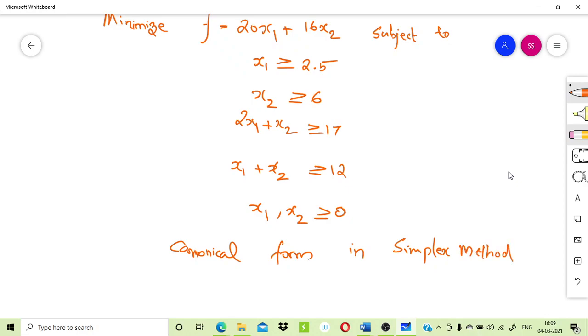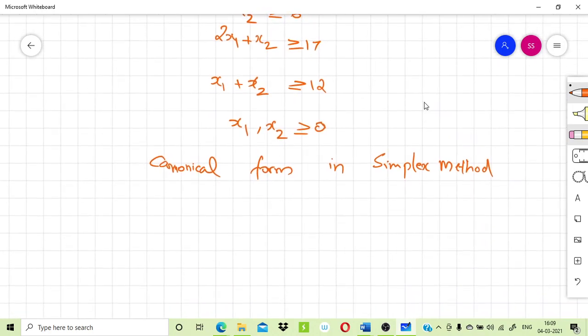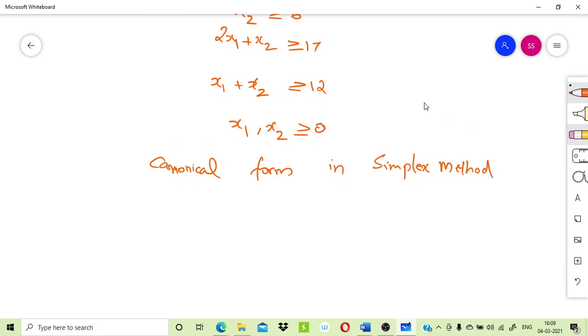So the canonical form is to minimize f equal to 20x1 plus 16x2, and all these inequalities must be less than or equal to.